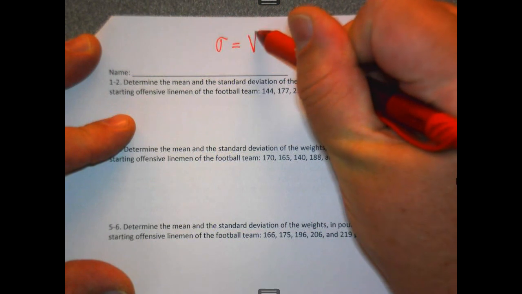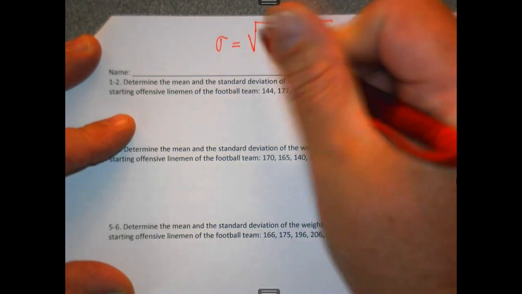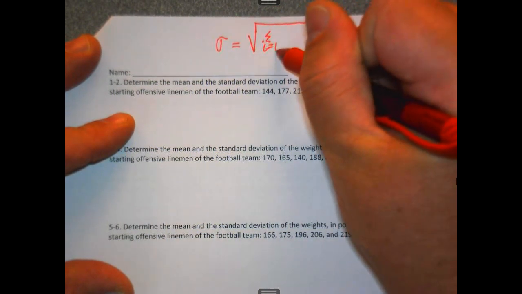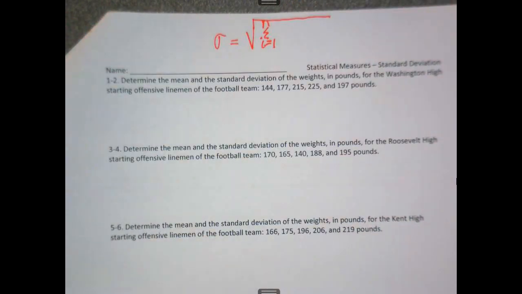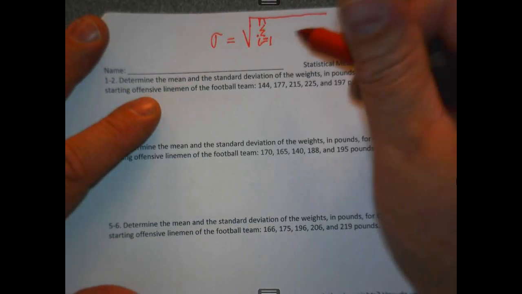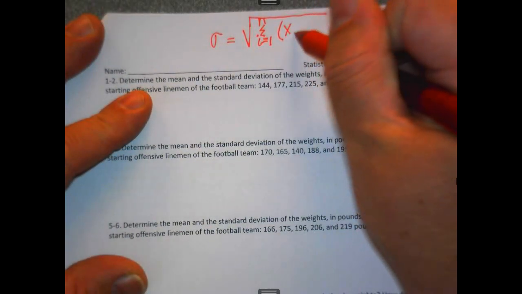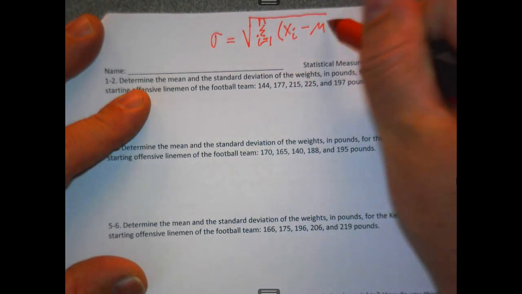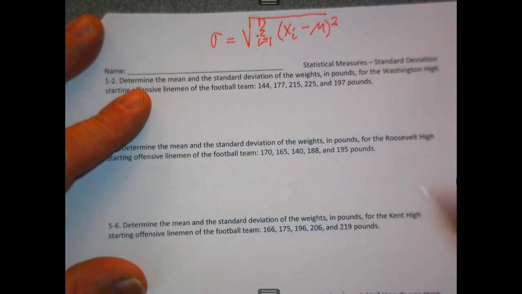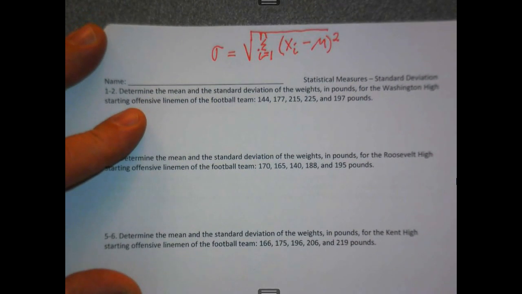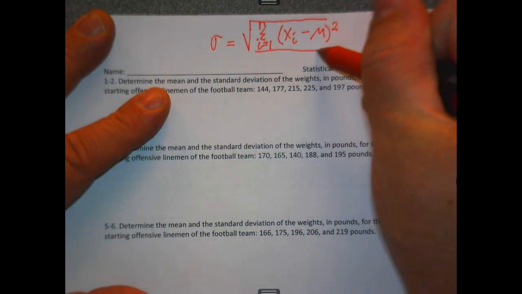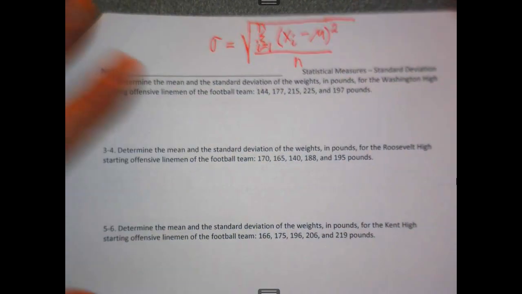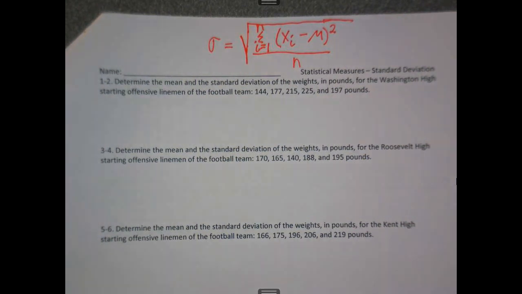It's the square root of the summation of our data points where i starts with 1 and goes to the number of data points that we have, times the x of i, each one of these data points minus the mean, squared to avoid square rooting negative numbers. Then we divide that whole thing by n. So the way we did that was we made a table.